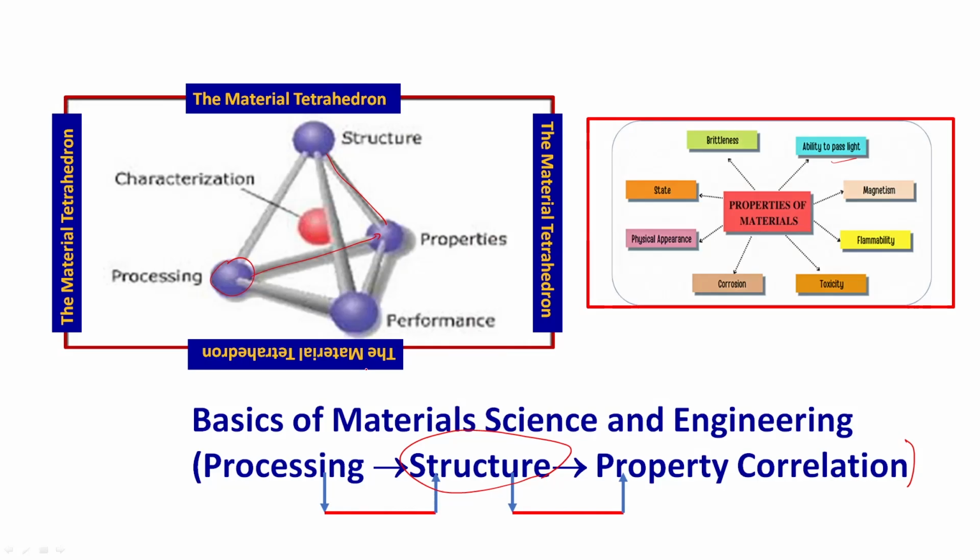So, today we are going to discuss electrical properties, but before that let us take stock of the things which you have done in the last lecture. So, again and again I am telling you these aspects.